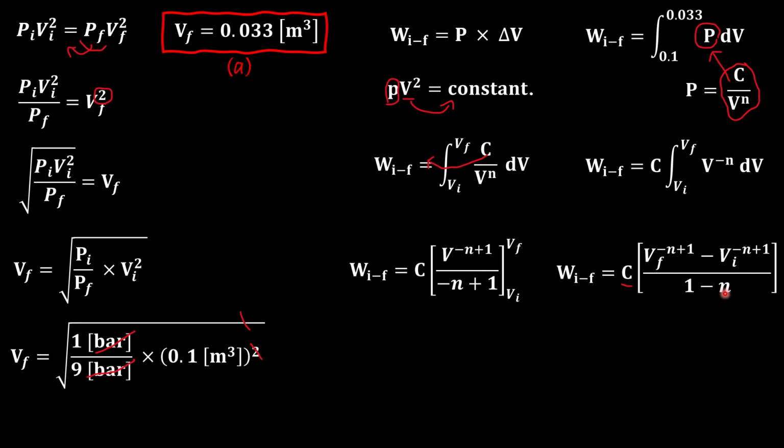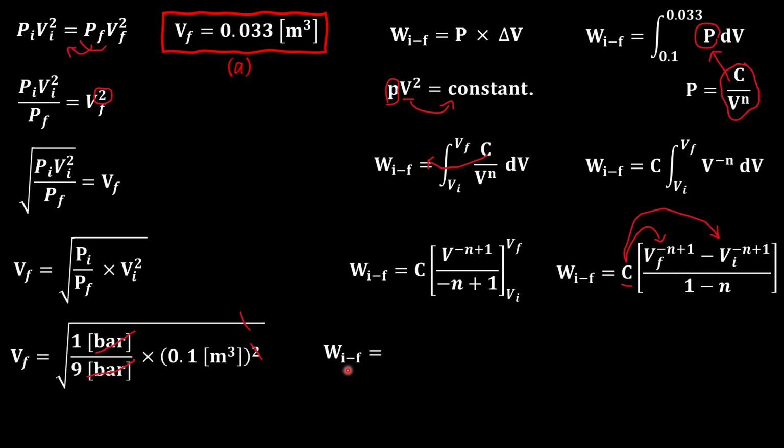So now let's take a look at this constant. So we said that constant right here, when we solve for it, will be P V to the power n. And the constant will distribute into this parentheses.